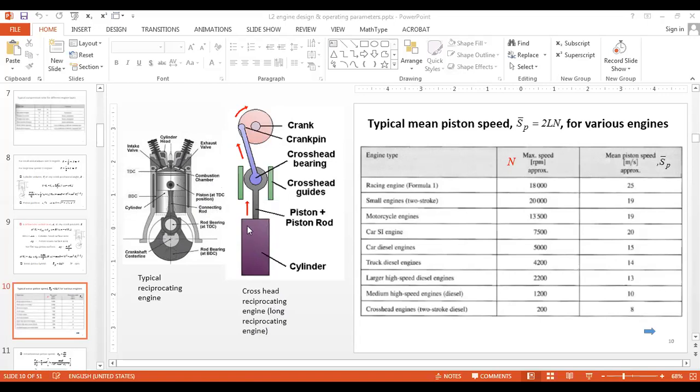Then we have a crosshead guide, and the piston and the piston rod are not directly connected with the crank.